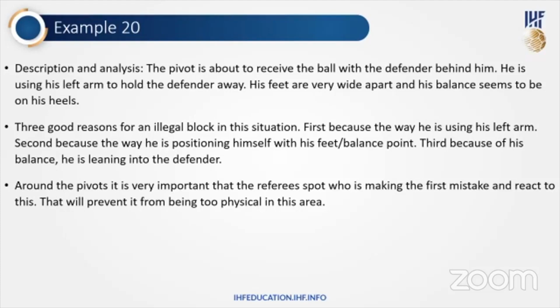So these are 3 good reasons for an offensive foul in this situation: the arm, the position with the feet, the width of his feet, and the balance point. So again, it's important to spot who's making the first mistake and react to this.